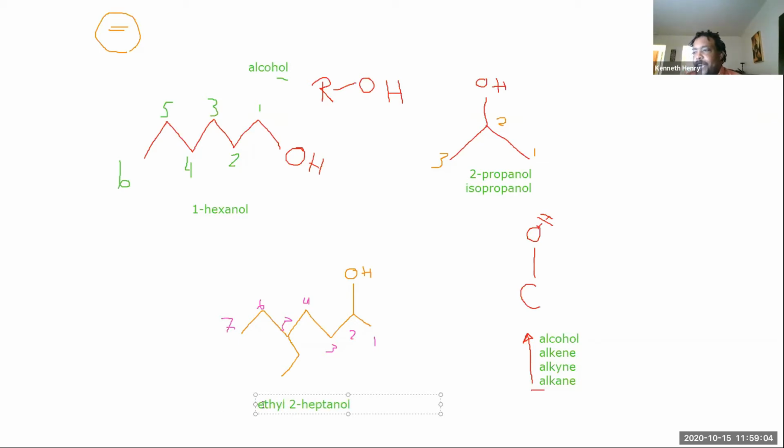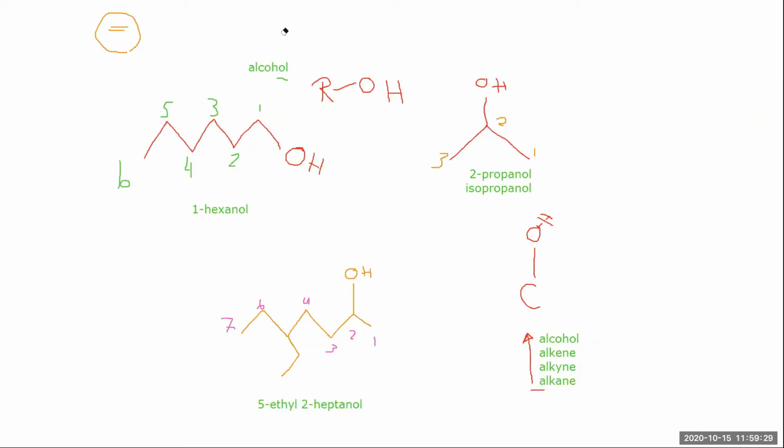We just put 5-ethyl because it's a side chain. 5-ethyl 2-heptanol. You see where the 5-ethyl came from? Because that's a 5. I know it doesn't look like it. It's a badly written 5.